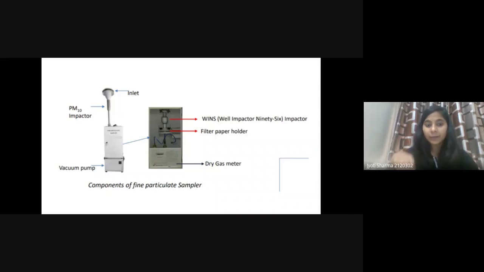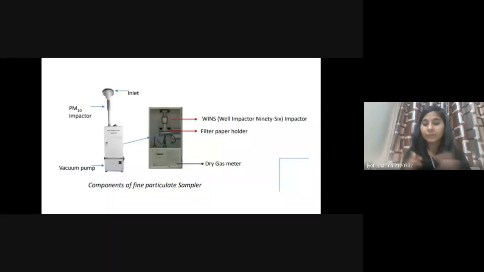Then below that you have the bins, the well impactor, the 96 impactor. That will resist the particulate matter that is greater than 2.5, and allow only the particulate matter that has a size less than 2.5. Below that we have the filter paper, and on that filter paper the particulate matter that is less than 2.5 will be collected.